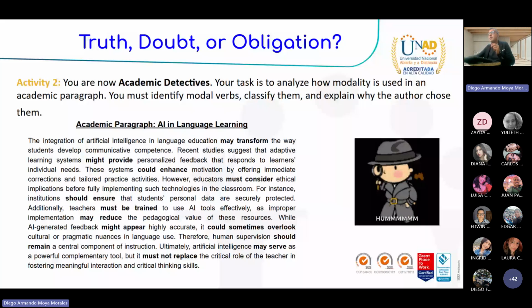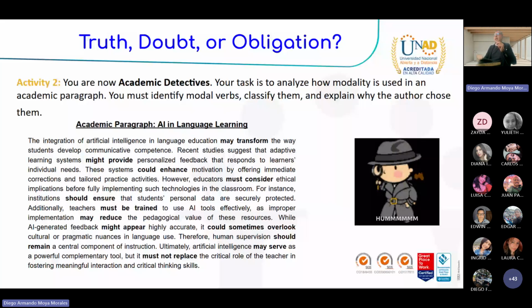Therefore, human supervision should remain a central component of instruction. Okay, so it's necessary to leave out the human component? Of course not. Finally, ultimately, artificial intelligence may serve as a powerful complementary tool, but it must not replace the critical role of the teacher in fostering meaningful interaction and critical thinking skills.